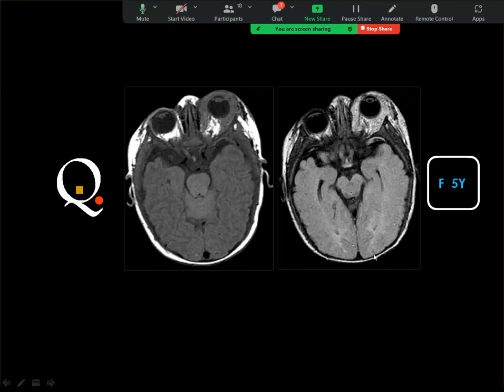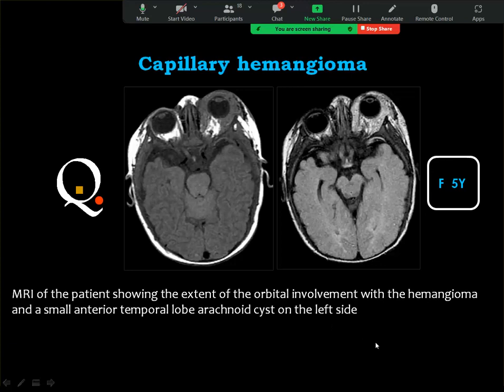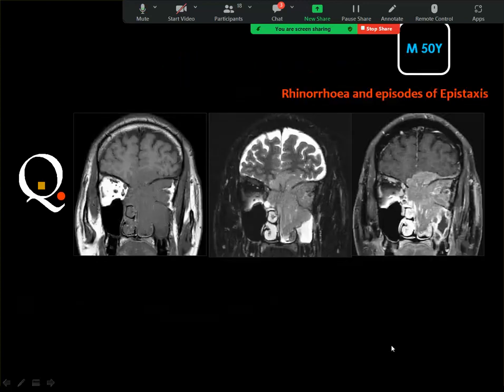The pediatric type, which is known as the capillary hemangioma, and this is a diffuse type, as you can see, and you may get some signal void vessels inside the lesion itself, and the cavernous hemangioma, which is a well-defined lesion seen in the adult population. This is an appearance of the capillary type of orbital hemangioma, which occurs in the pediatric age group.